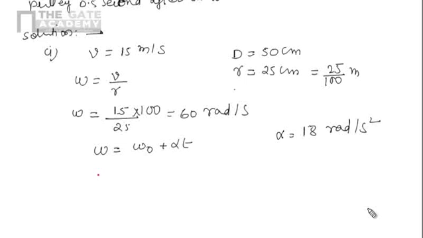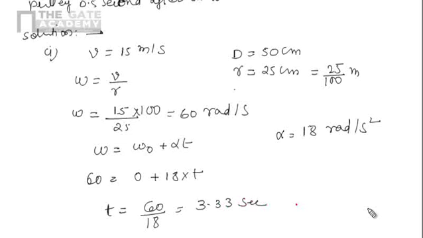Putting all these in the equation, omega is 60, omega naught is 0 because it is starting from rest, plus 18 into t, so t will be 60 by 18, which is 3.33 seconds. So the answer of part 1, the time required for the weight to attain a velocity of 15 meter per second, is 3.3 seconds.